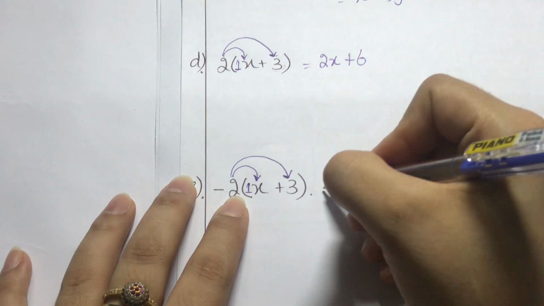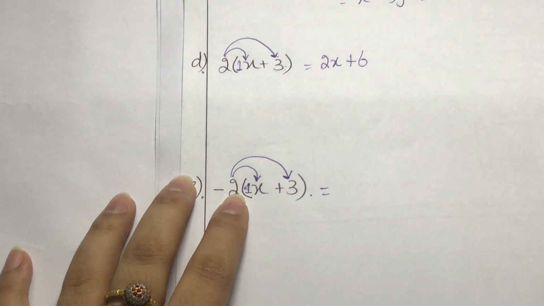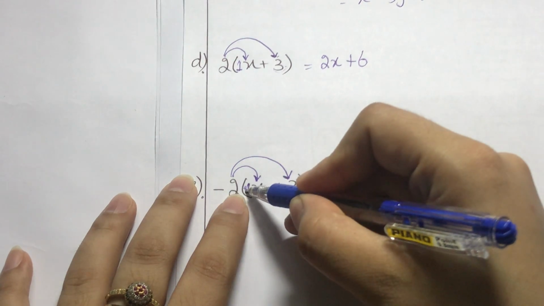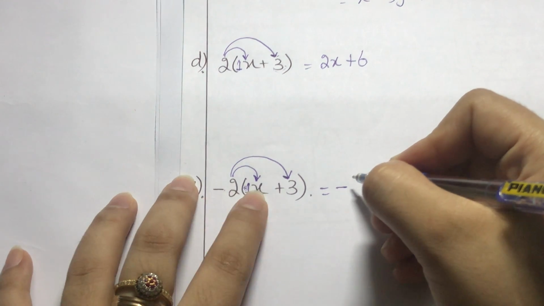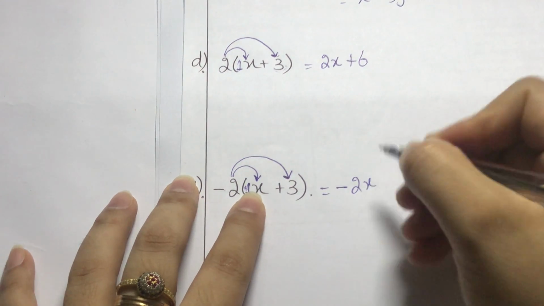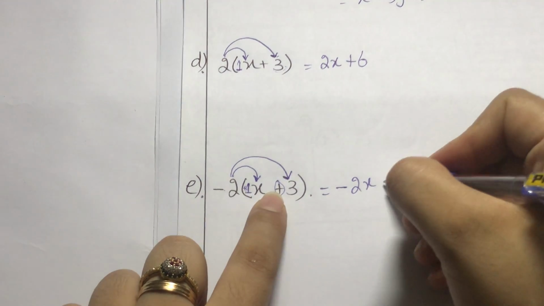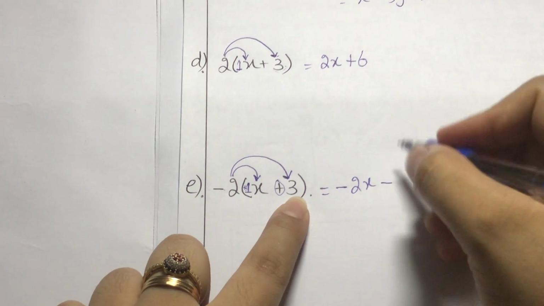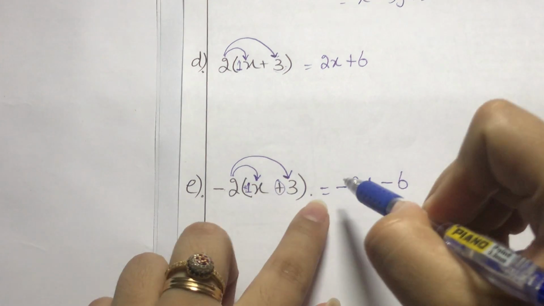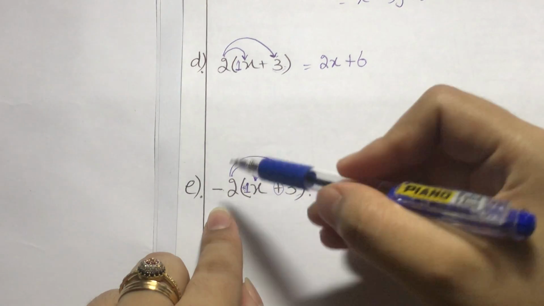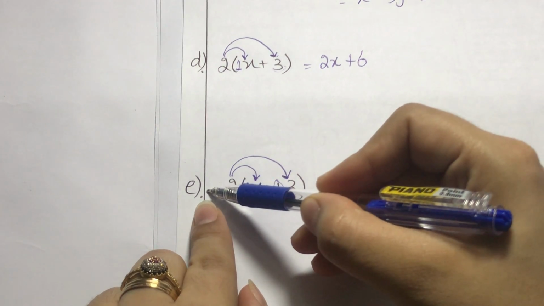So 2 ones are 2 and this is positive. 1x is positive. So you will change its sign because the 2 is negative. So its sign will be negative. 2 ones are 2x. Again, this negative sign will change this sign too, right? So it will be negative. 2 threes are 6, right? One thing, you have to multiply this 2 with all the terms inside the bracket. Secondly, you have to change the signs too because the multiple is negative.